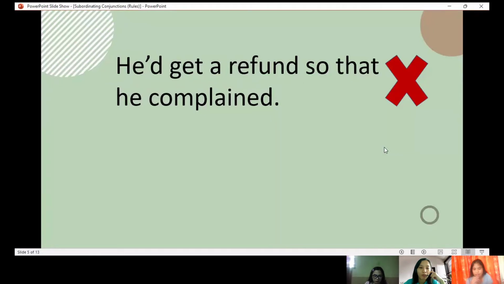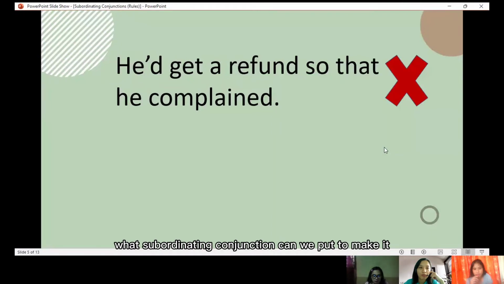Lois? I think, ma'am, it can be: he complained because he'd get a refund. In this formation, he'd get a refund, then he complained. What subordinating conjunction can we put to make it a complex sentence?